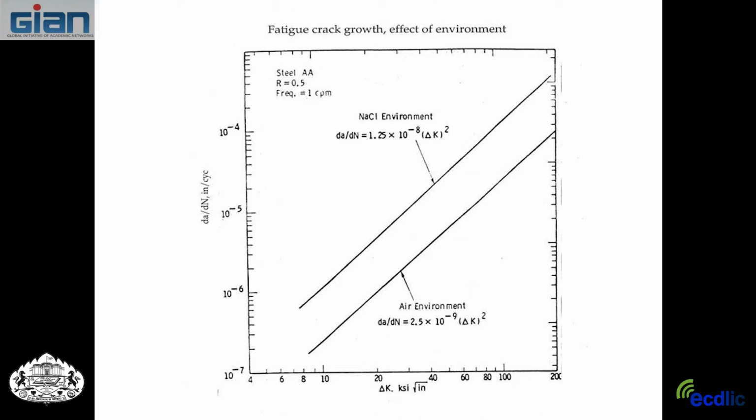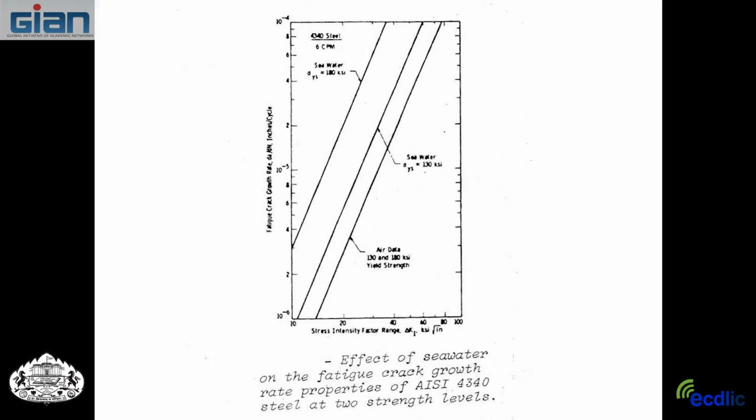That's again a seawater type environment, and its trend line is 5 times faster. It's a parallel, but it's just 5 times faster if you look at the coefficient here: 1.25 10 to the minus 8 versus 2.5 10 to the minus 9. So that's the influence. Now, here was seawater and 4340 steel.